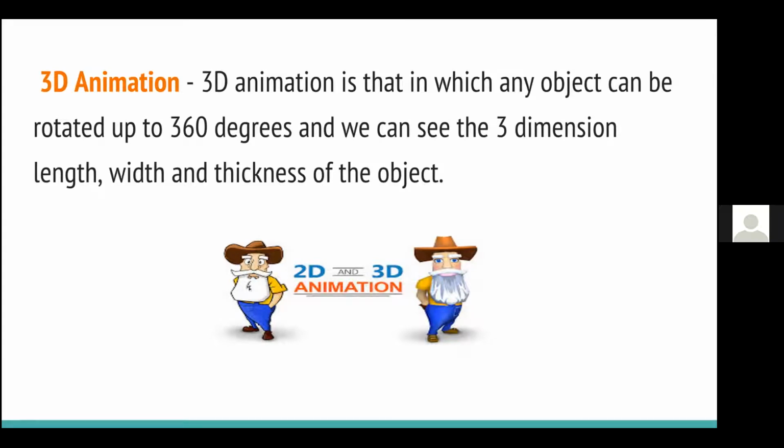In 3D, we can also observe the thickness of that object. So there is a difference between 2D and 3D animation. I would like to show an example of 3D animation. This animation was also developed in CIET.